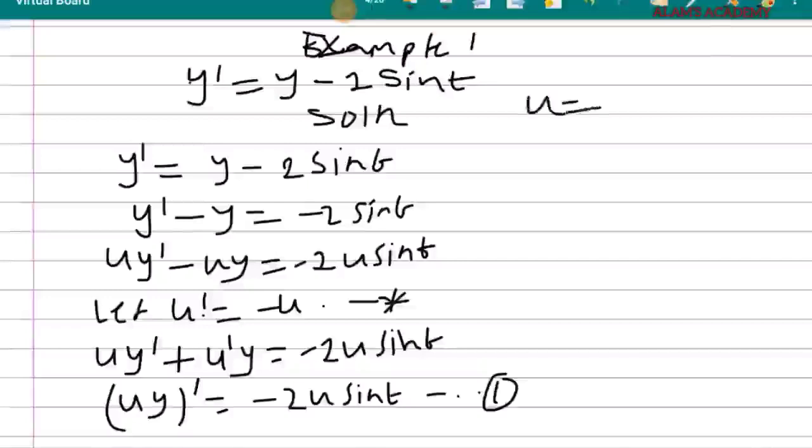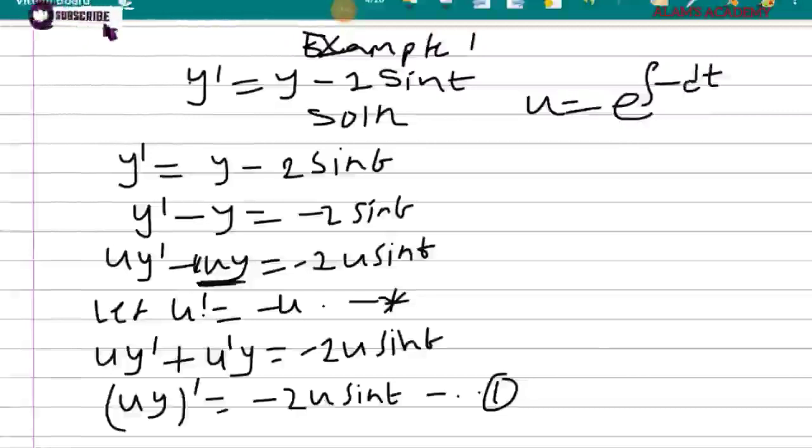we say that u is equal to the e exponent of the integral of the coefficient of the y here, uy, the coefficient there. So the coefficient here is negative 1. So the integral of negative 1, so we have negative 1 dt. Okay.